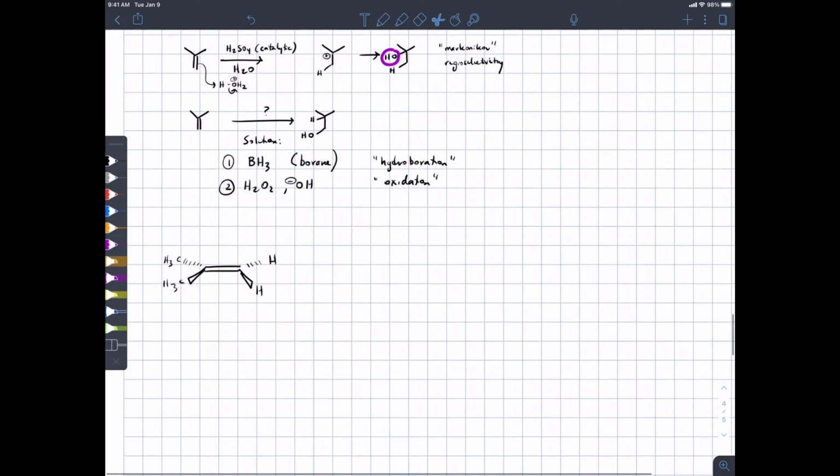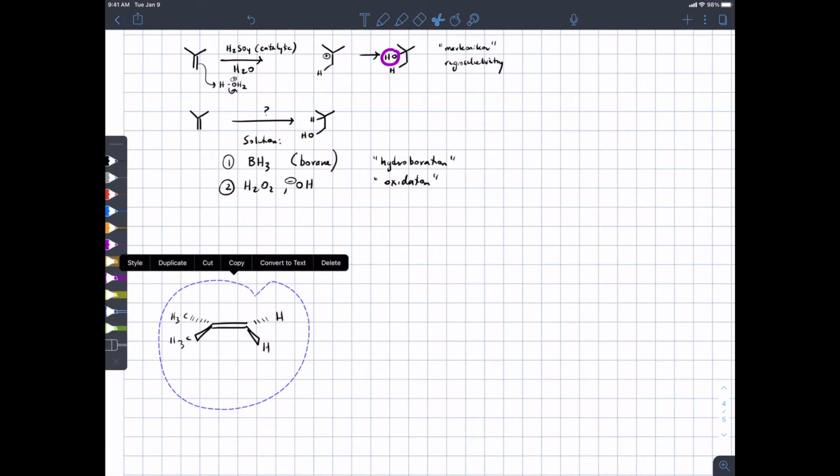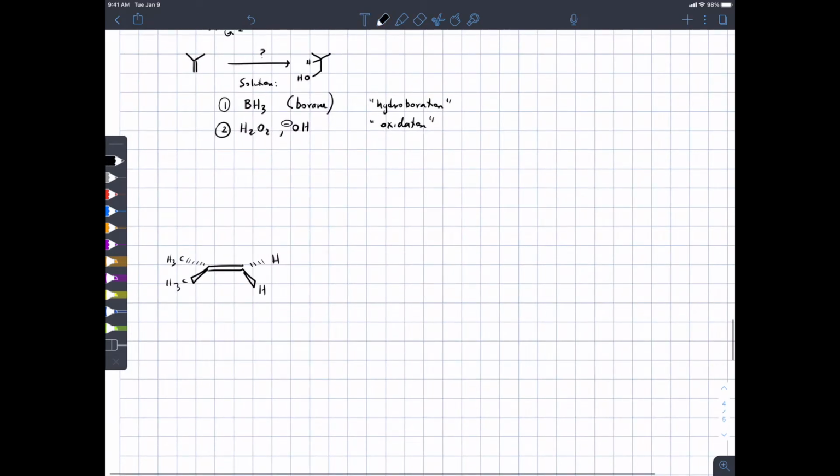And the reaction is going to be nucleophile attacks electrophile. Our alkene is our nucleophile, and our boron molecule, borane, is our electrophile. The relevant orbital on the nucleophile is the HOMO, which is the carbon-carbon pi bond.